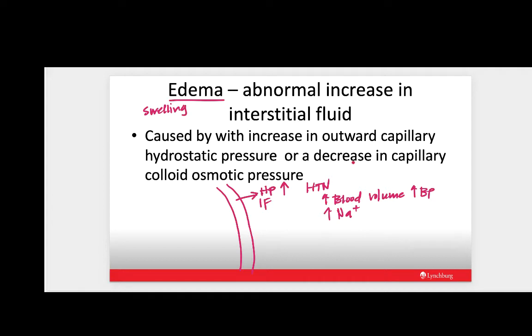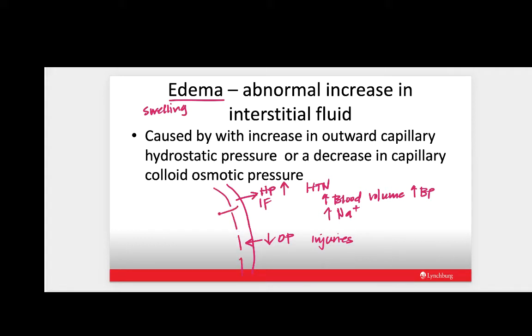Or we can also see it if you have a decrease in capillary colloid osmotic pressure. So if we have a decrease in that reabsorption force, a decrease in osmotic pressure. When would that happen? This is where your injuries come into play. If you have an injury, like you break your leg and you rupture all these blood vessels, well now, let's say that this blood vessel is ruptured in all these different places, so the walls aren't continuous.